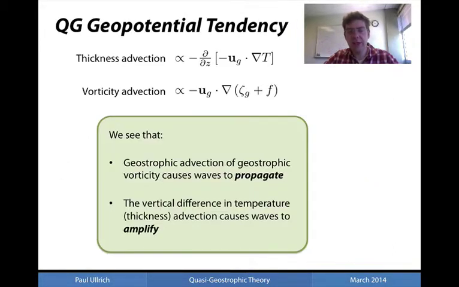So if thickness advection is proportional to the negative of the height derivative of temperature advection, and vorticity advection is proportional to the advection of absolute vorticity, we can see that geostrophic advection of geostrophic vorticity will cause the wave to propagate. That is, it has a tendency to not increase the overall magnitude of the wave itself, whereas the presence of temperature or thickness advection causes the wave to amplify.